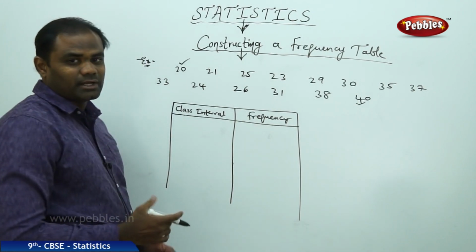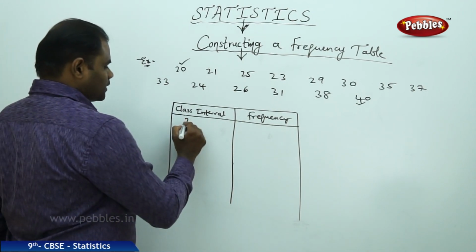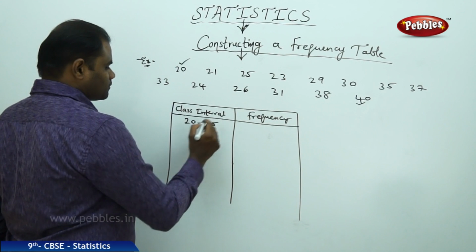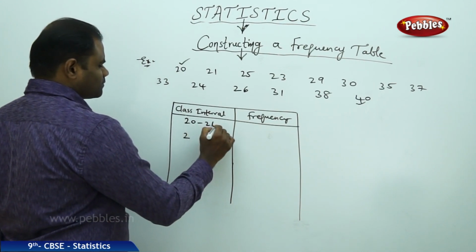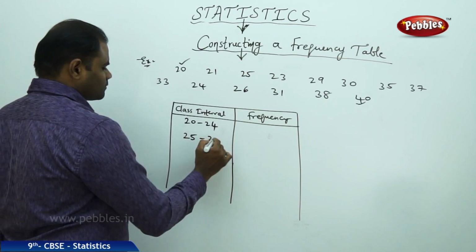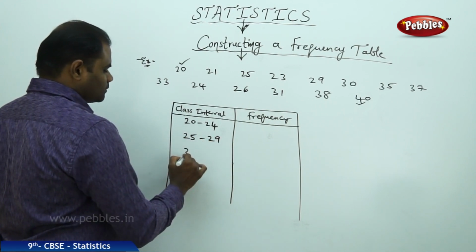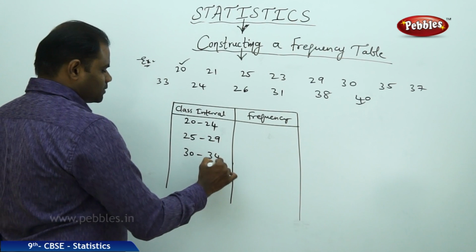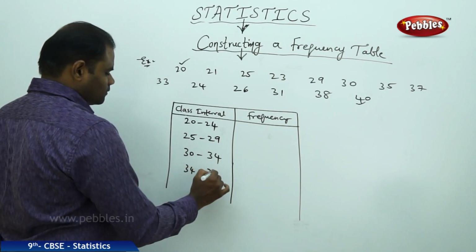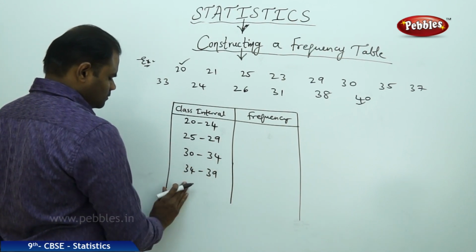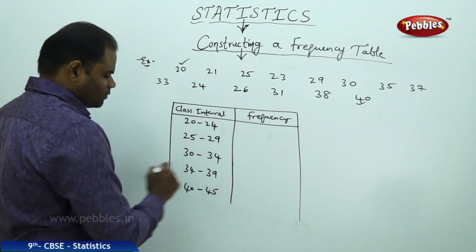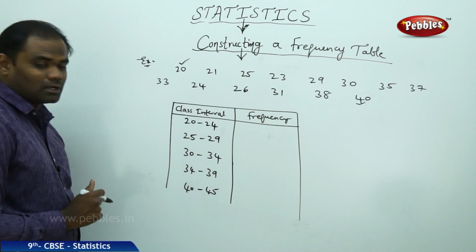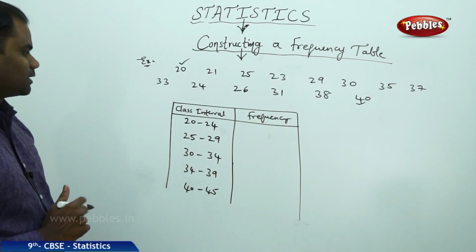So between 20 and 40, we try to classify as 20 to 25, 25 to 29, 30 to 34, 34 to 39, and 40 to 45. That's how we understand the classification here.